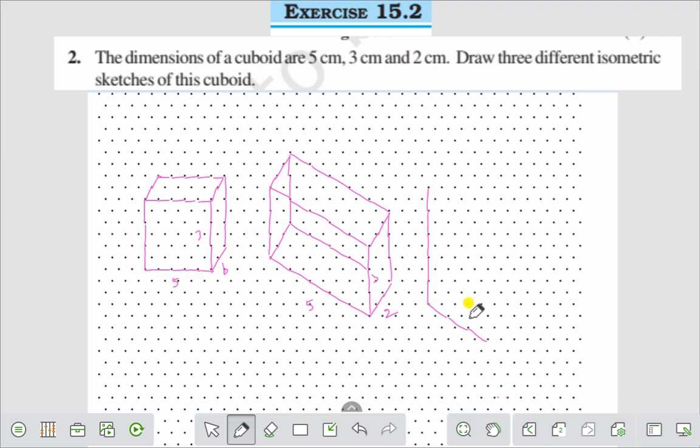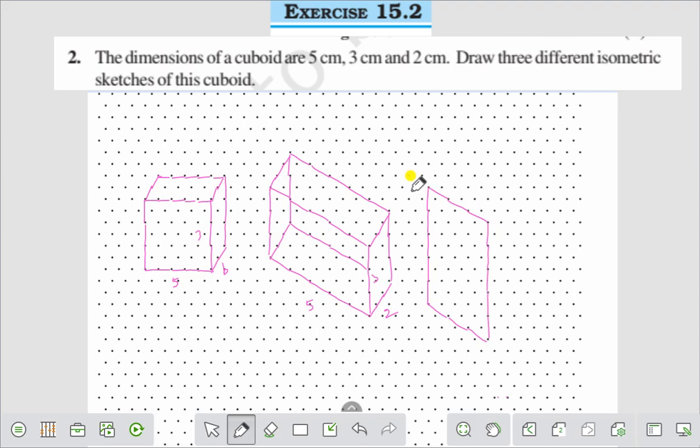3 unit. Again height is 5 unit. Let us take 5. 1, 2, 3, 4 and 5, right? And if we take this one as 3 unit, 3 unit is 1, 2 and 3, right?